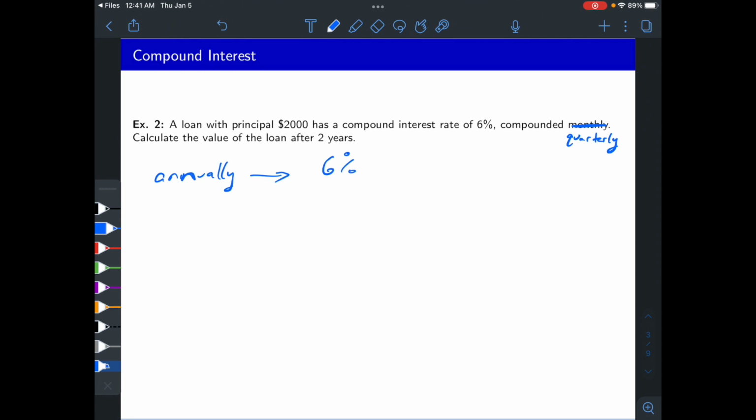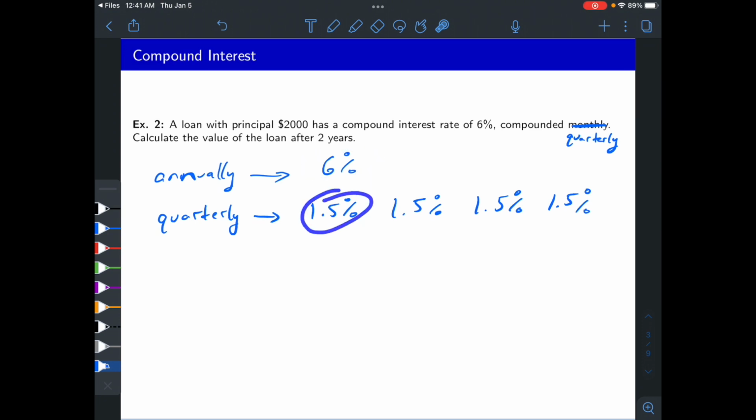Okay, quarterly, you would take the 6% and divide it up over the course of 4 different periods. So instead of making 6% interest all at once at the end of the year, 4 times throughout the year, you gain 1.5% interest.